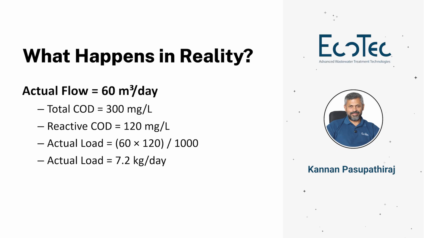Now, let's understand this. In actual operation, the flow is not the same. It is reduced. Reactive COD is lesser. Instead of 50 kilograms per day, you may receive only a few kilograms of COD.